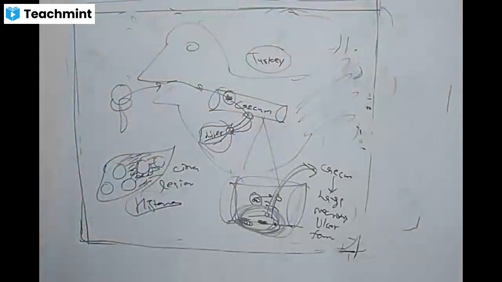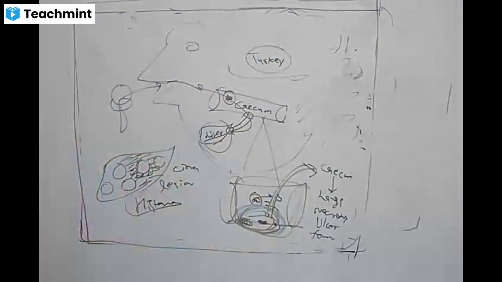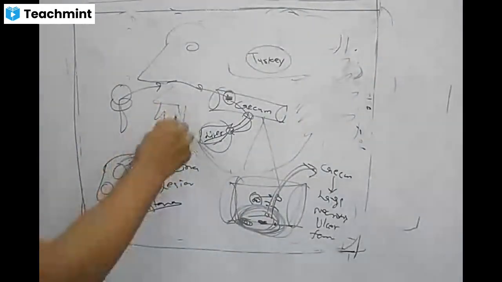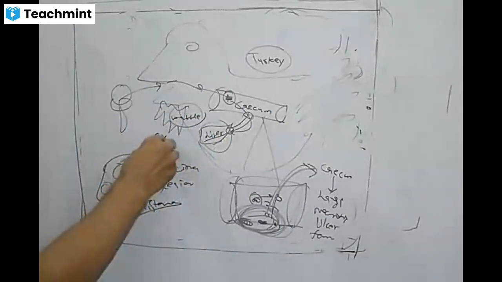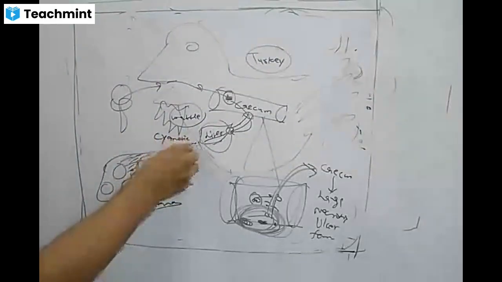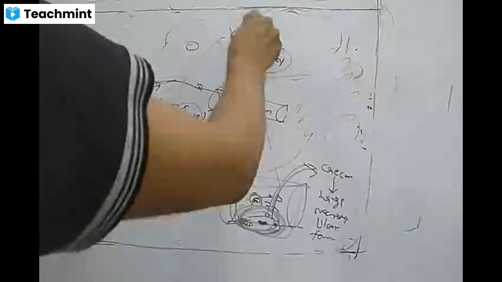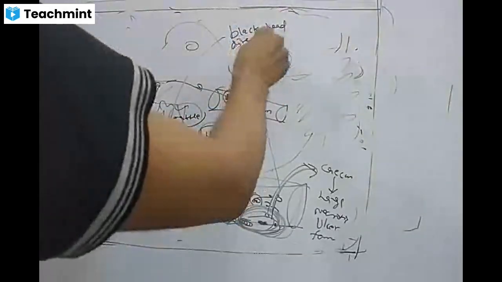So two pathogeneses, one with the cecum, one with the liver, and the third thing is related with these structures, what we call wattles. They become cyanotic. So because of that cyanosis, we call this disease blackhead disease.